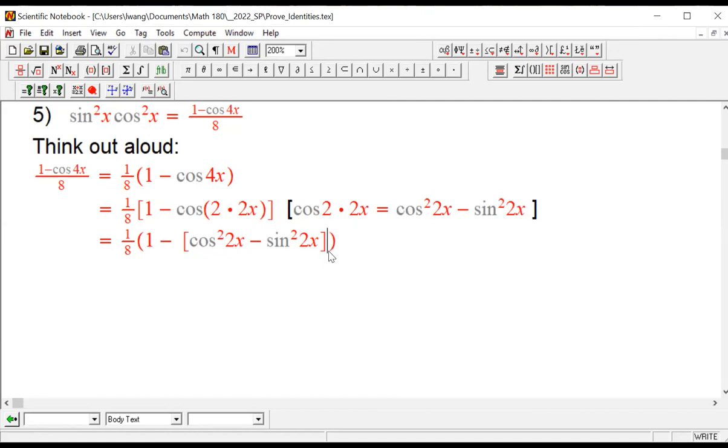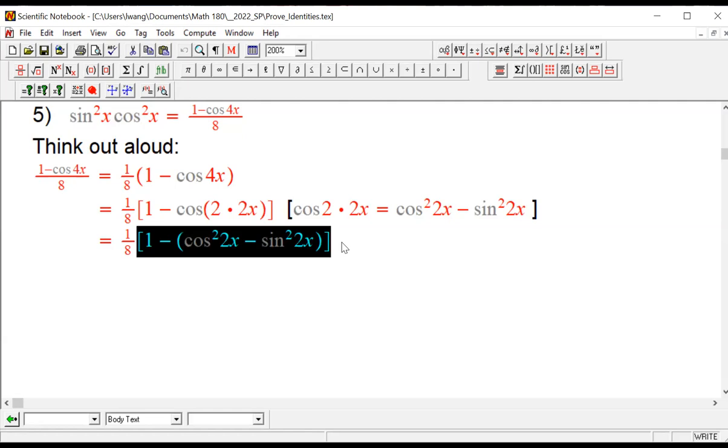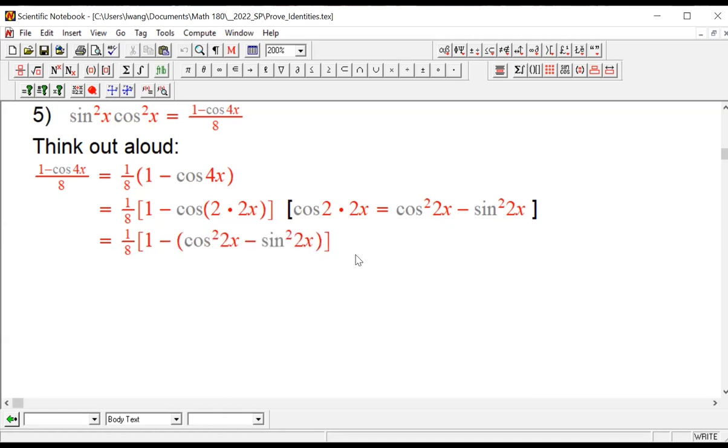If I used a bracket before, then I can use parentheses this time. It doesn't matter, even though conventionally we use parentheses first, then brackets, and then curly brackets. You just want to make sure these symbols clearly specify the order of operation.